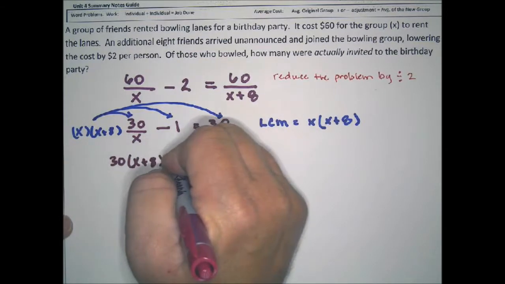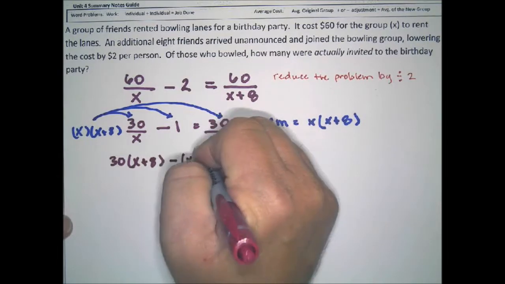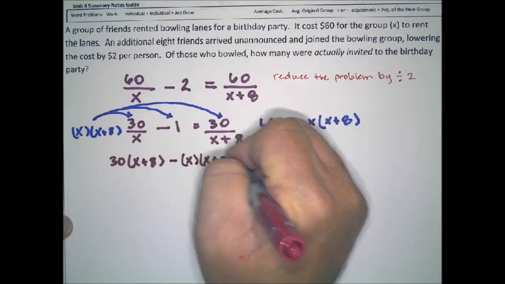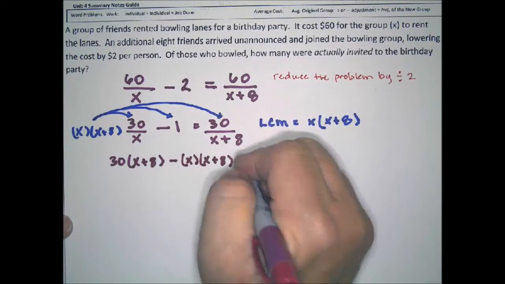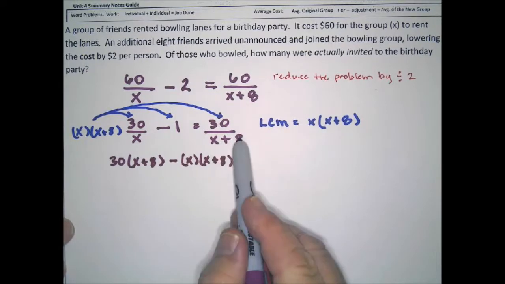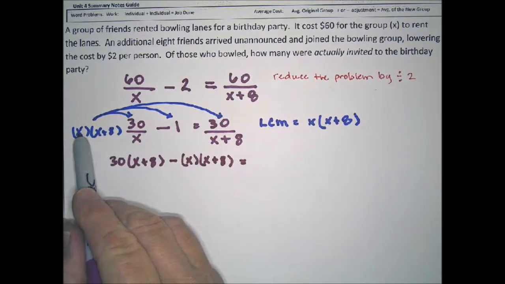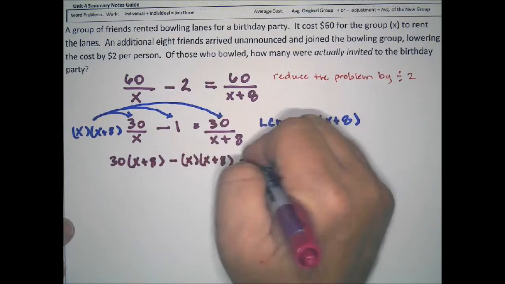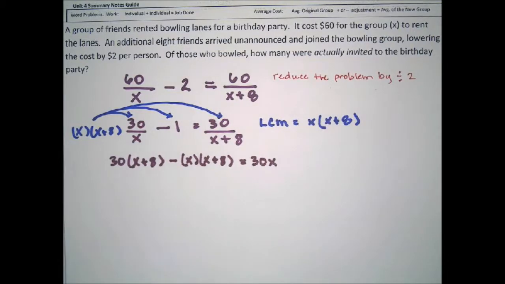Let's just do it the long way, x times x plus 8. Notice nothing reduced because there was no denominator. Now moving on to the third term, it's the x plus 8 that reduces, leaving just x times 30, which is 30x.